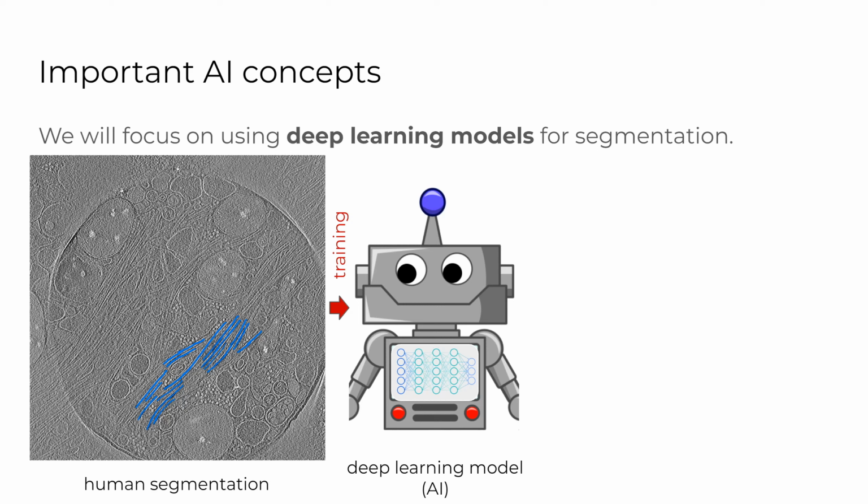It's like teaching a child that doesn't know what cats are by showing them pictures of cats or actual cats, so that in the future they will recognize cats. The same here for training your deep learning model: you have to give it examples. Like, hey, model, this is how these tubular structures look in my data.